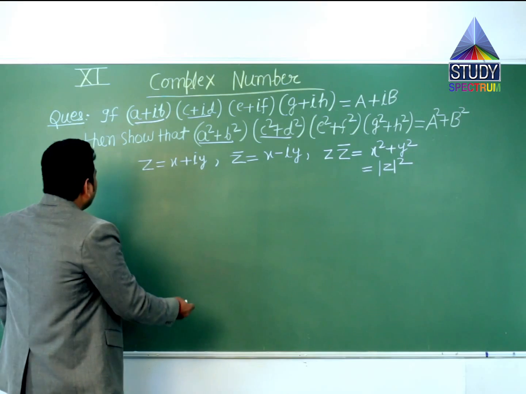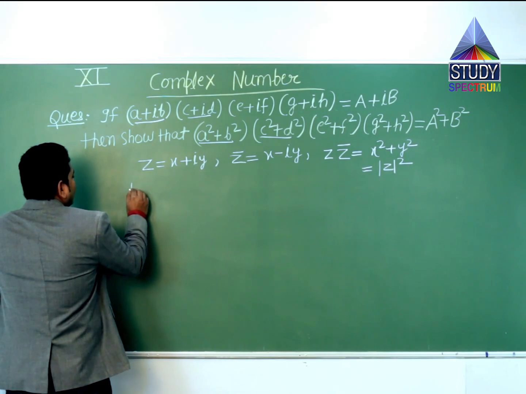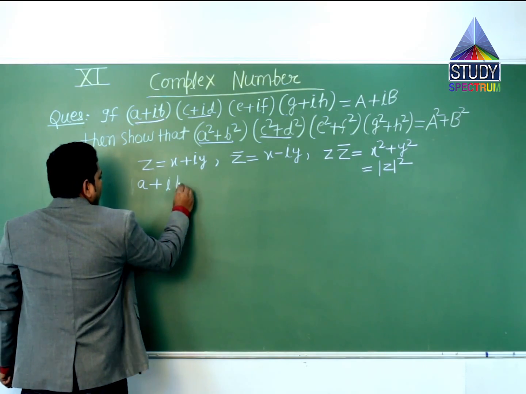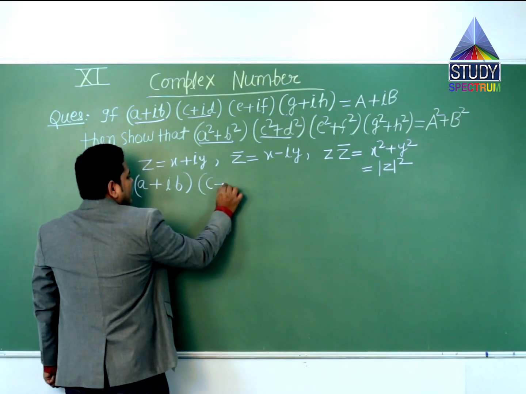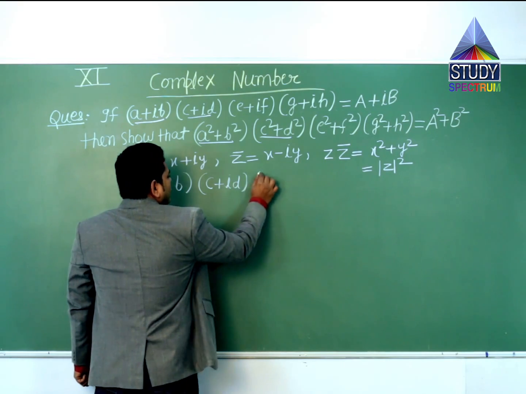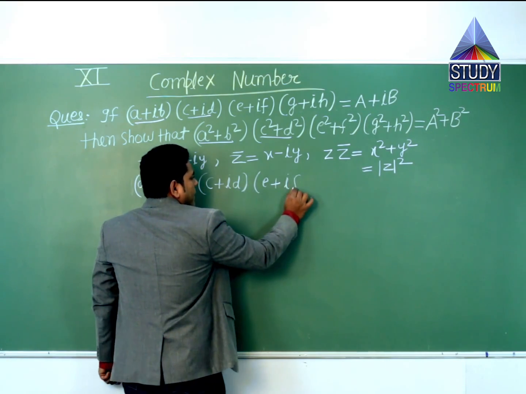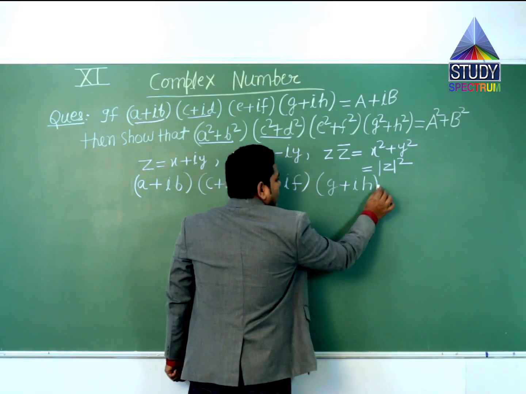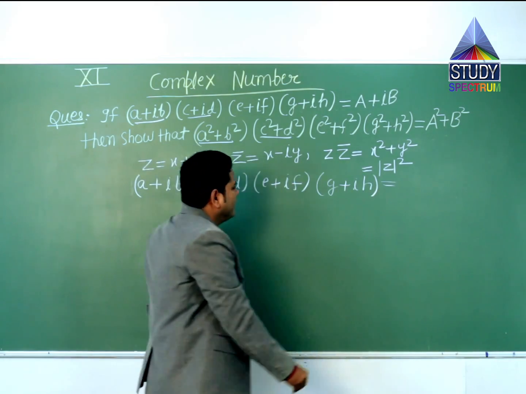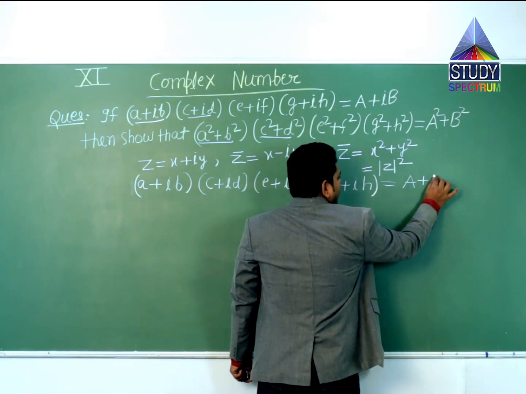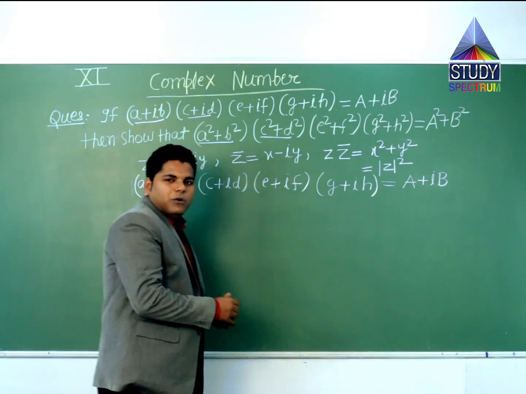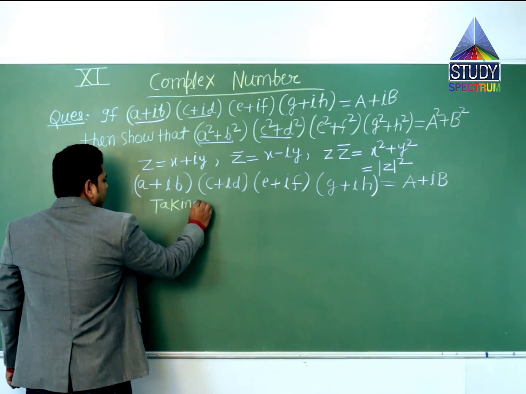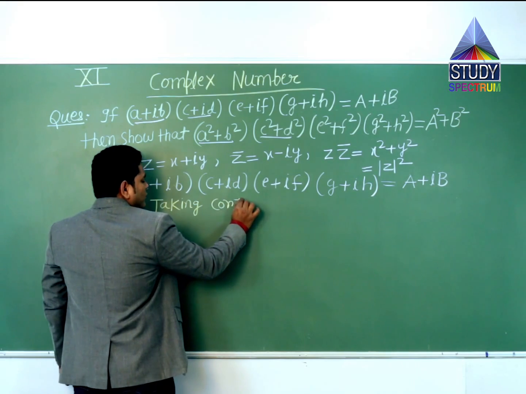Okay, so let's begin. We have a plus ib into c plus id into e plus if into g plus ih, and in RHS we have capital A plus i capital B. Now taking conjugate both sides.